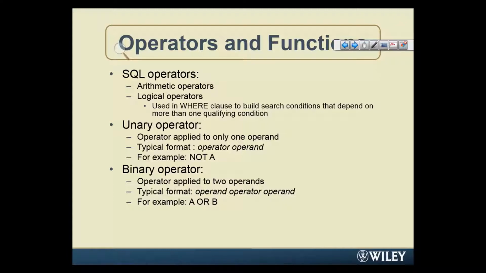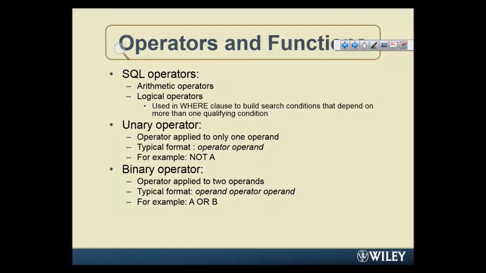So there is unary operator. What do we mean by unary operator? From its name, it means one. When we have only one operator and one operand. An example of that is not. So we have only one operand. And then binary operator, where we have one operator, but we have two operands. So we have like or, so this condition has to be met, or this condition has to be met.